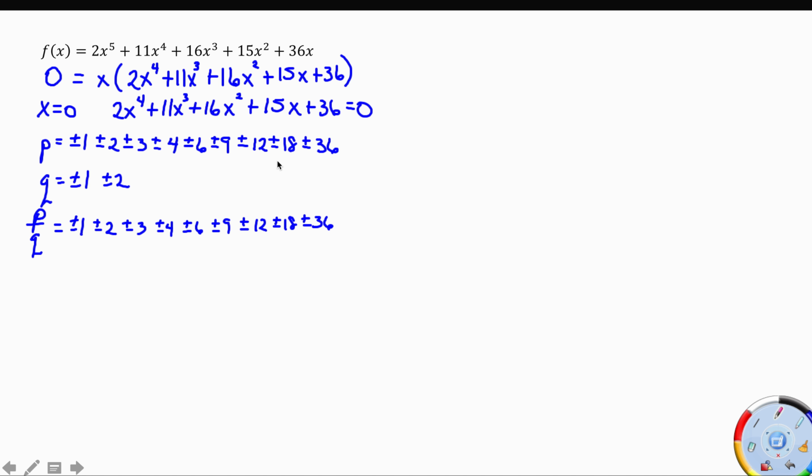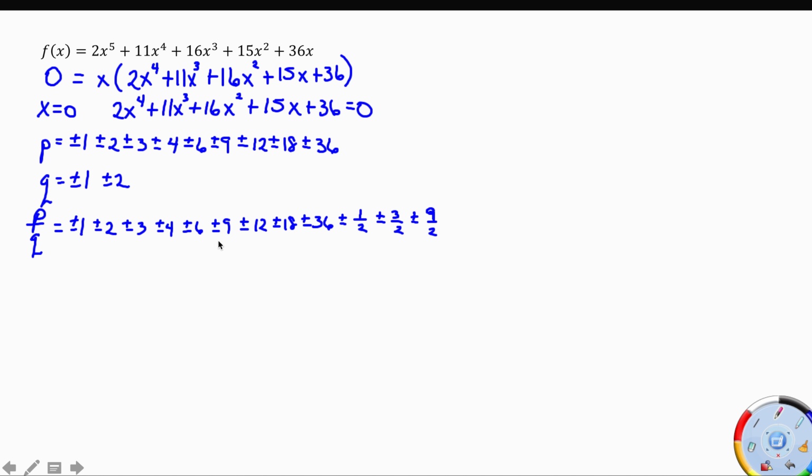Then when I go back and divide them all by 2, I get 1 divided by 2. 2 divided by 2 is already listed. 3 divided by 2 is new. 4 divided by 2 is already on my list. 6 divided by 2 is on my list. 9 divided by 2 is not on my list. 12 divided by 2 is 6. 18 divided by 2 is 9. 36 divided by 2 is 18. Here's all my possible solutions.